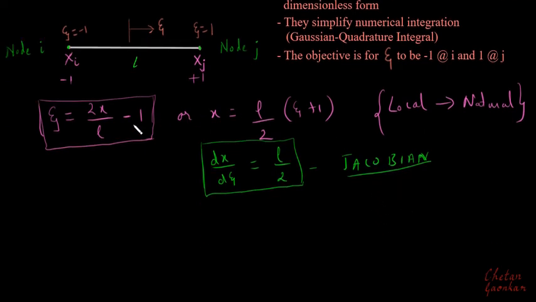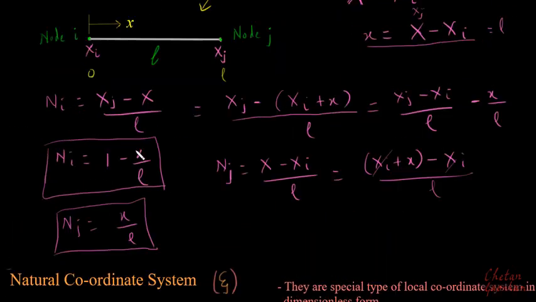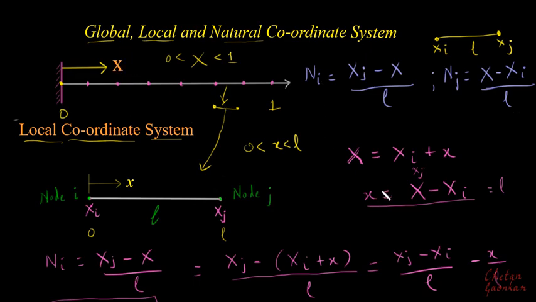And then similarly, the way we have related this local coordinate with the natural coordinate, we can relate the natural coordinate with the Cartesian coordinate, and in that case the natural coordinate xi can be related to the Cartesian coordinate as (2x minus xi minus xj) divided by L. So this is the relation between the natural coordinate and the global coordinate.